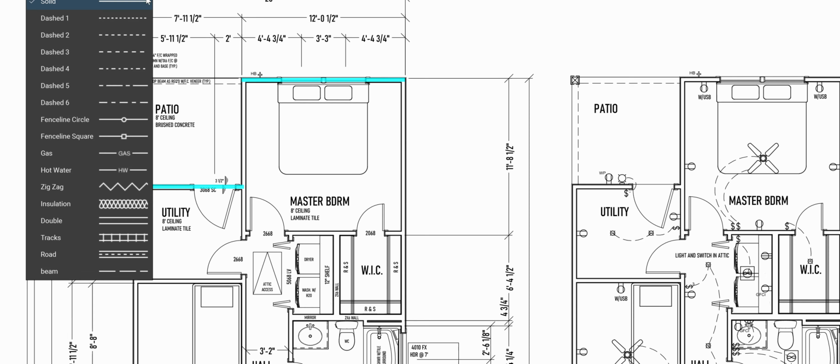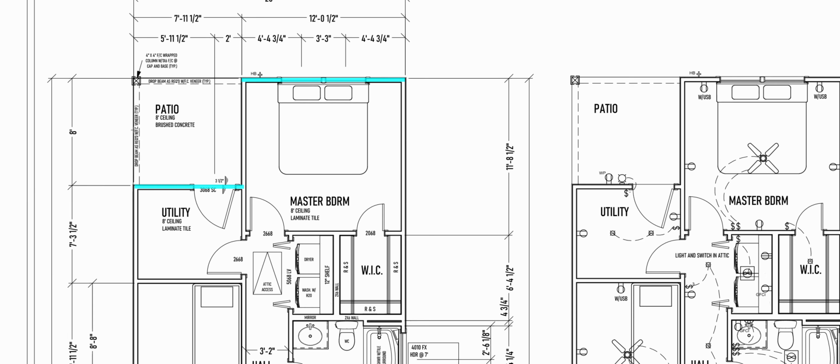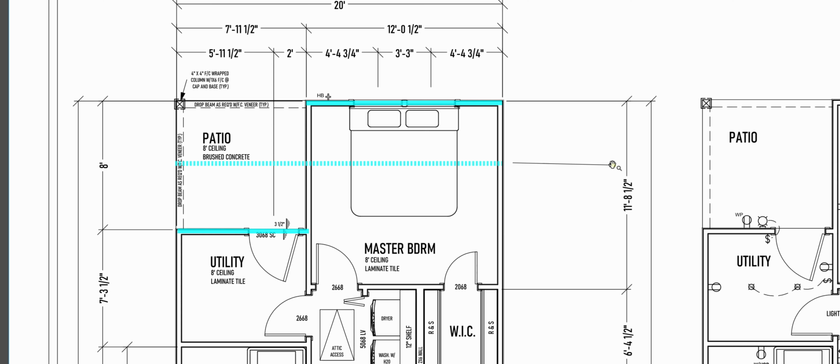And I'm going to show you that the braced wall line that I'm going to use for my numbers is right in the middle. It's a dashed line, okay? So basically what I'm saying here is right here is braced wall line A.